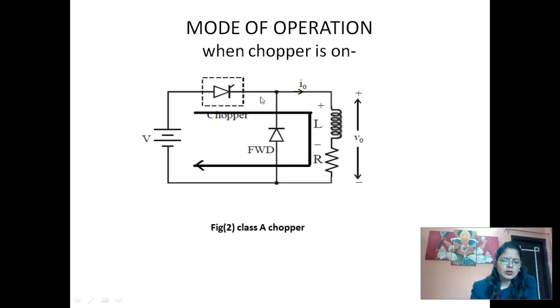So when chopper is on, the inductor starts charging, with polarity here positive, here negative. This time the current across the inductor starts rising from its minimum value to maximum value. So this time the output voltage is equal to the source voltage when chopper is on.